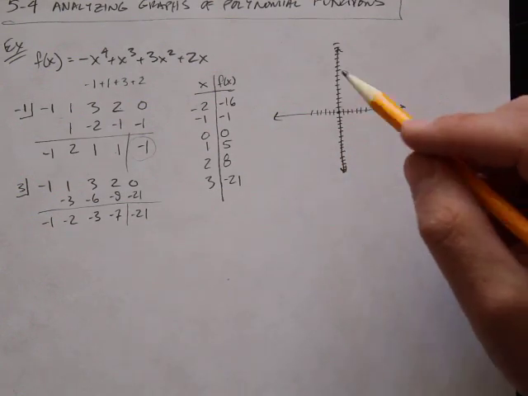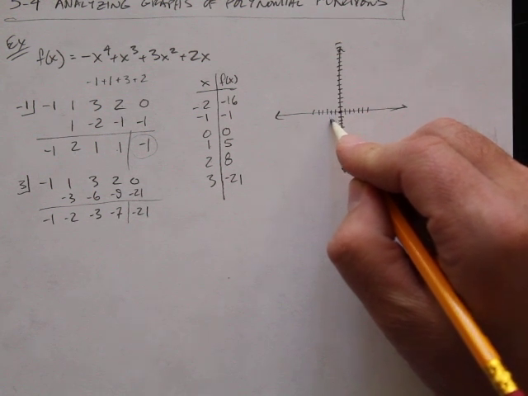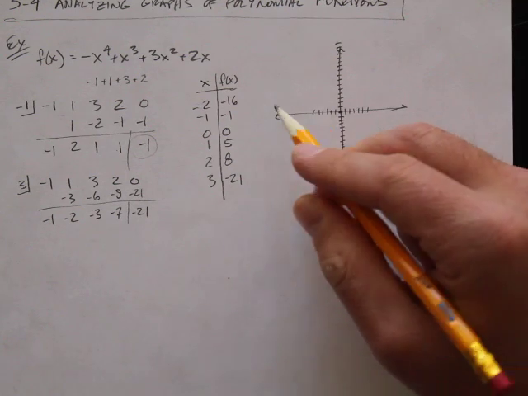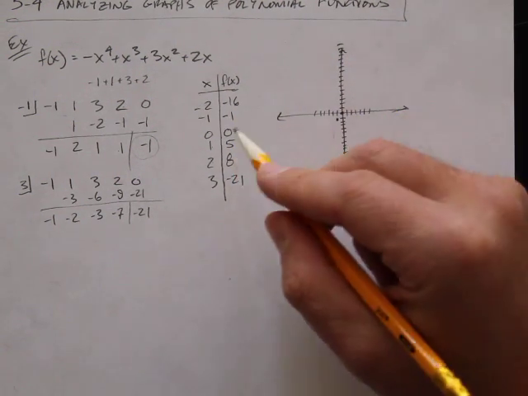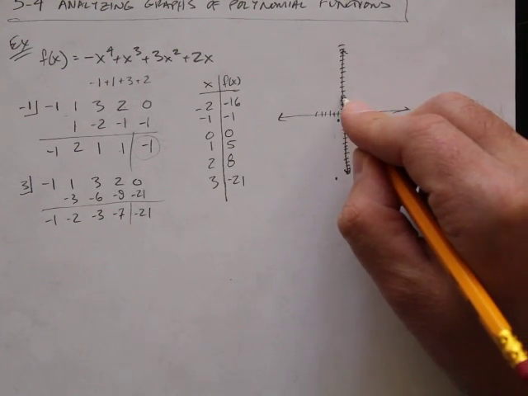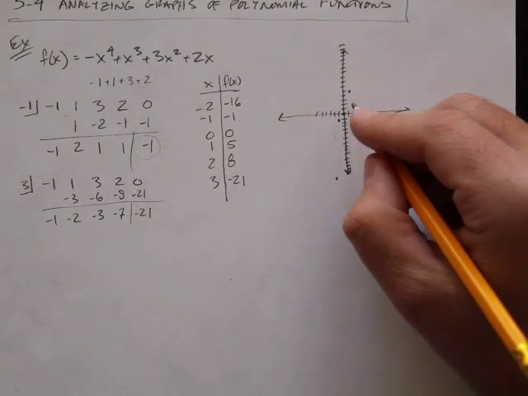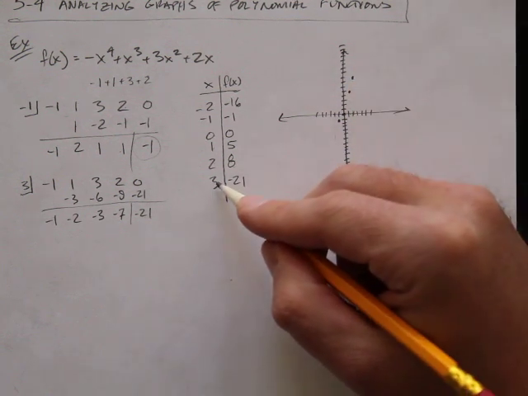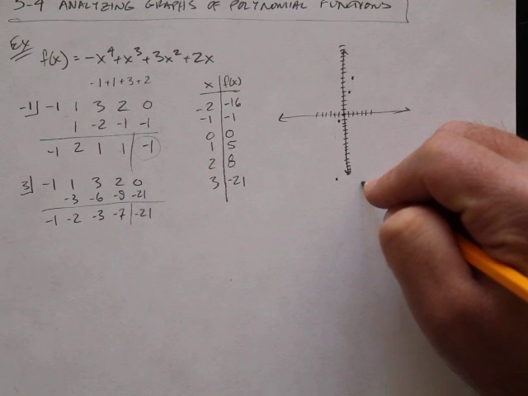Now, let's plot these points here. Negative 2, negative 16 is going to be way down here. That's fine. Negative 1, negative 1 is right there. 0, 0, I already got. 1, 5. 1, 2, 3, 4, 5. Right there. 2, 8. 2, 5, 6, 7, 8. There we go. And then 3, negative 21 is going to be way down here.